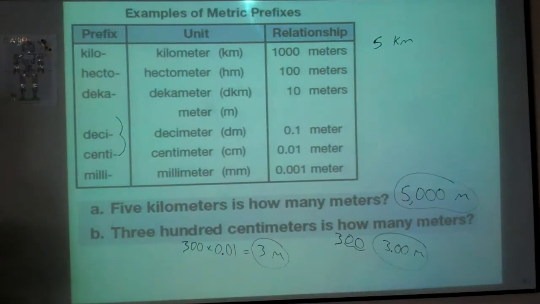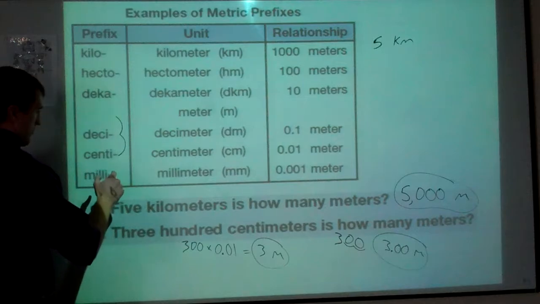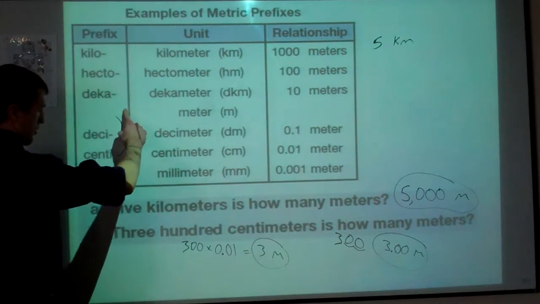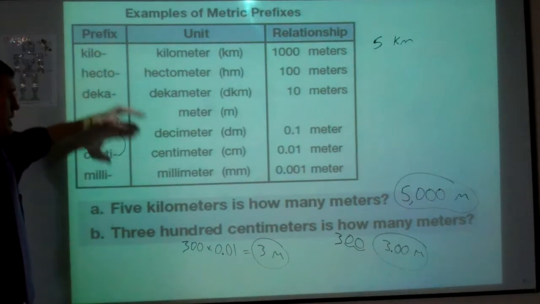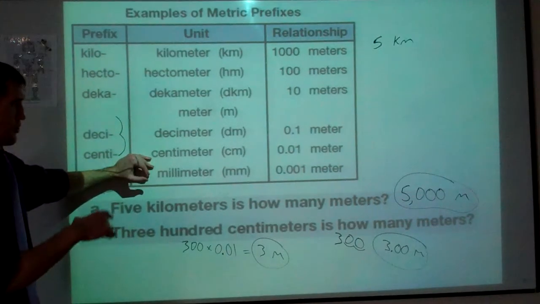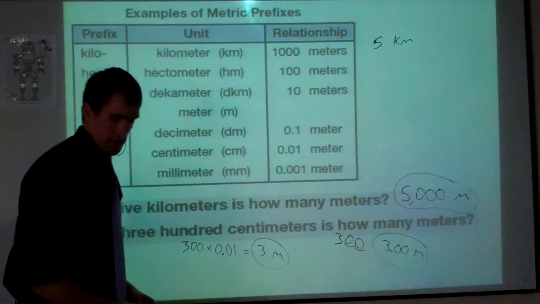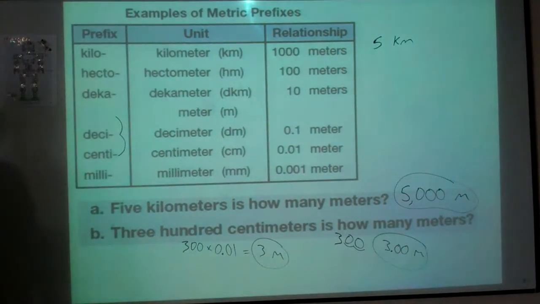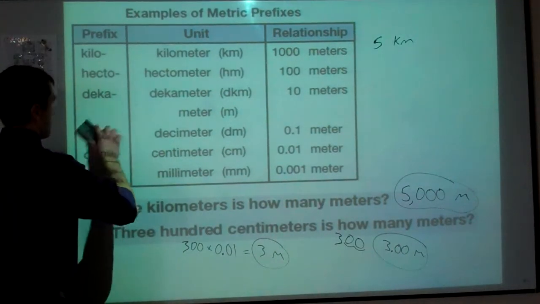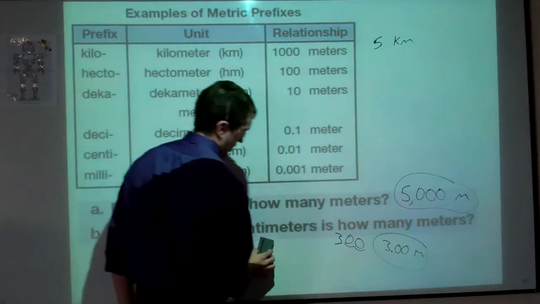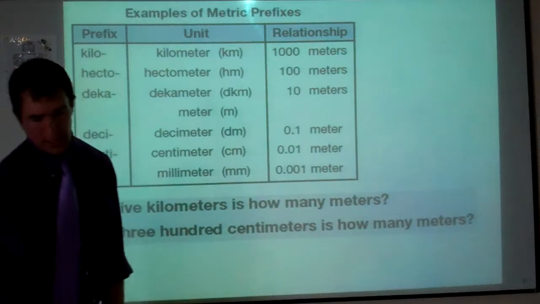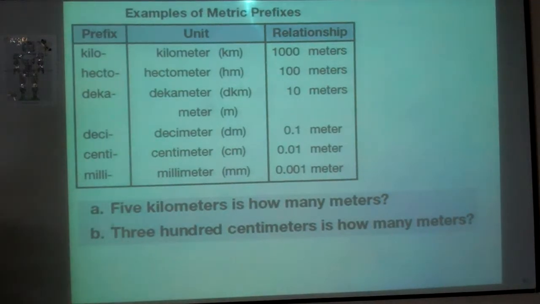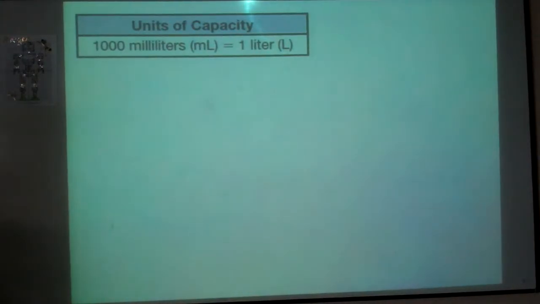So we still get 3 meters either way you do it. So when we go from the bottom up, we're going to move our decimal to the left that many spaces. If we go from the top down, we're going to move our decimal to the right that many spaces. Otherwise, you can just do it the mathematical way, where we actually do some multiplying in order to figure that out, which is fine. I like that way too.